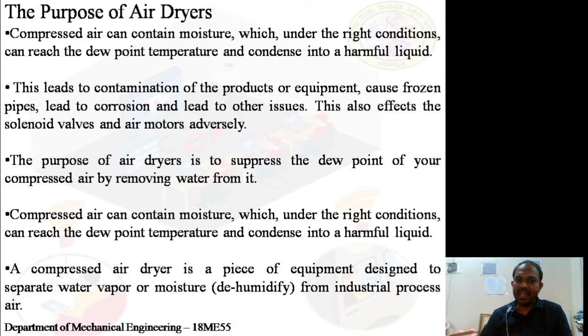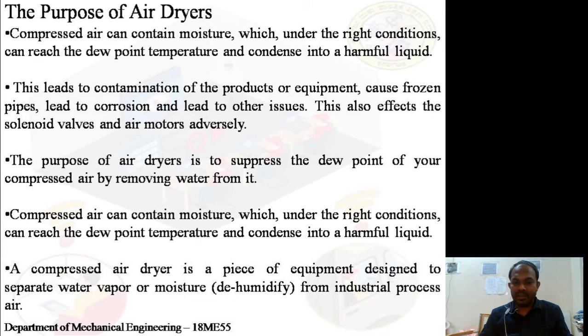The purpose of an air dryer is to suppress the dew point. That means we have to suppress the dew point, and that is the reason why we use air dryers. So now I can define what an air dryer is. An air dryer is an equipment or device used to dry or remove the moisture content present in the compressed air.